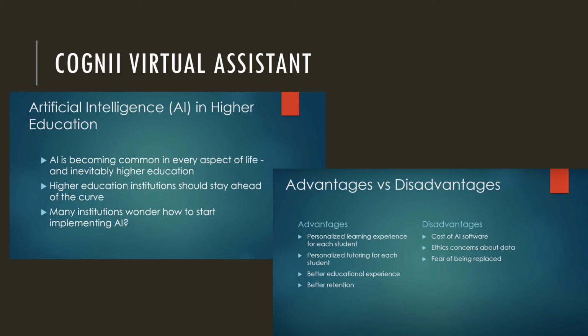So say like in Canvas or some other sort of online learning management system, you can integrate Cogni, and basically students can ask questions in real time, and it can help look at progress and things like that. So it's a very one-on-one learning chatbot assistant type of software that I thought was really interesting.